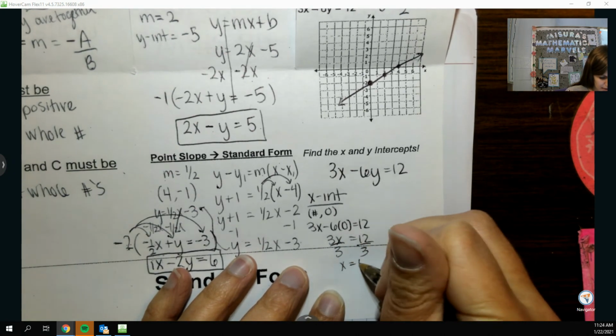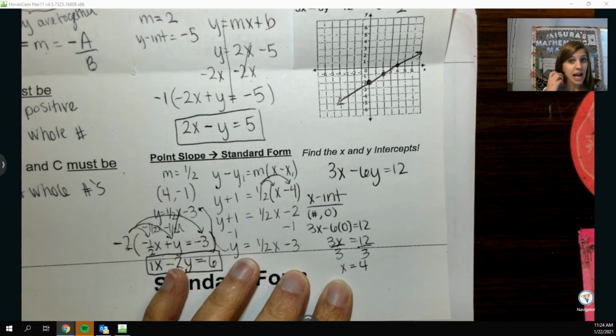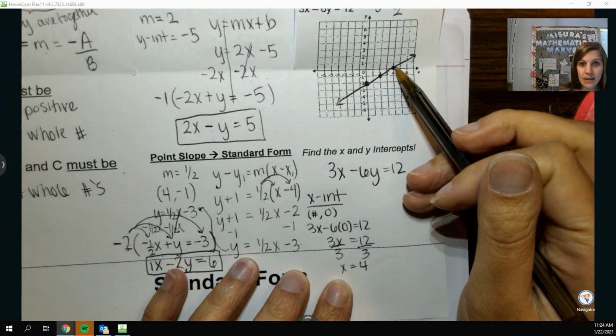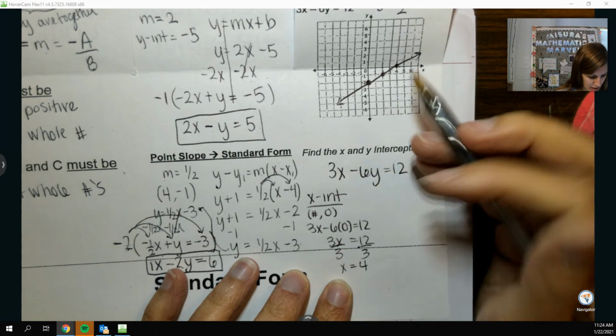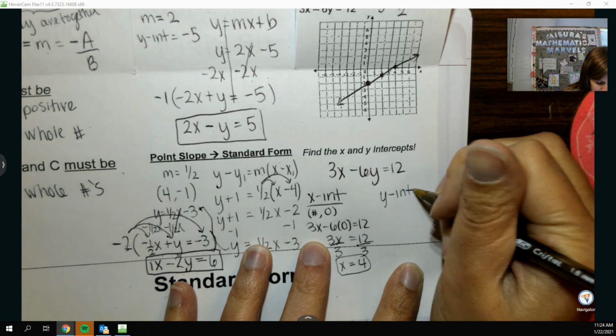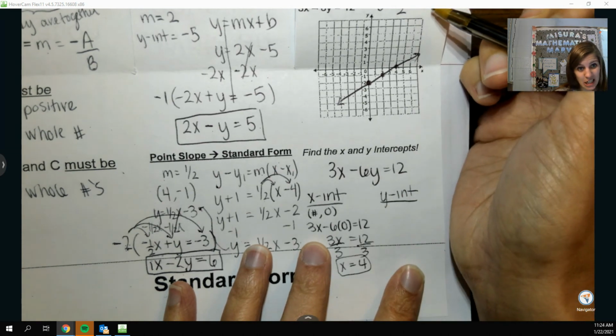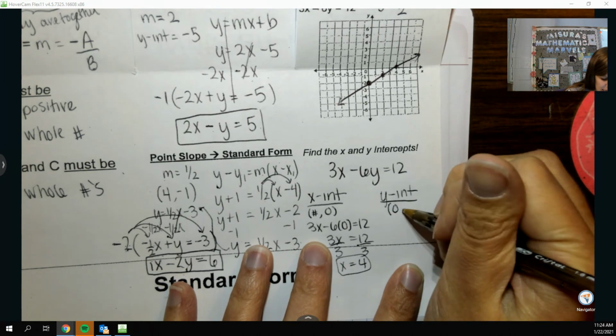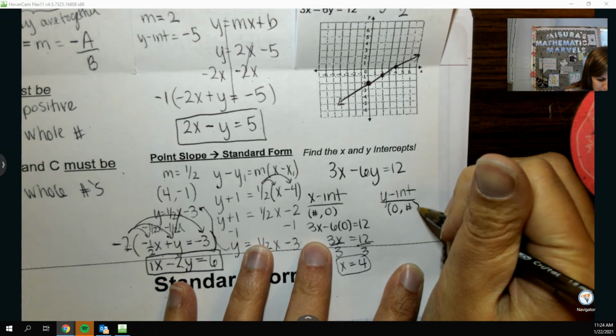So x is 4, which I can see on my x-axis, this graph did touch at 4. So that makes sense. Then I can find the y-intercept, which again, I already know because we already did it up here. But to find the y-intercept, that's always going to be at 0, comma some number.